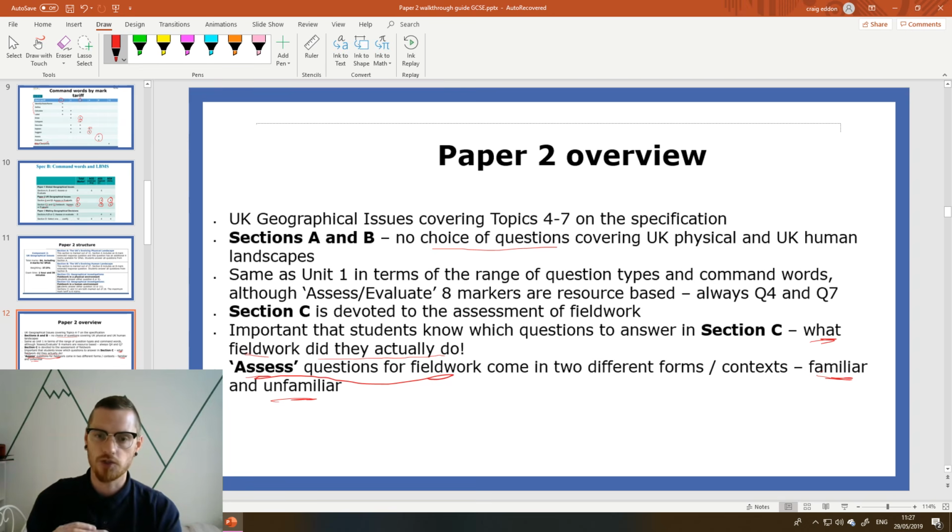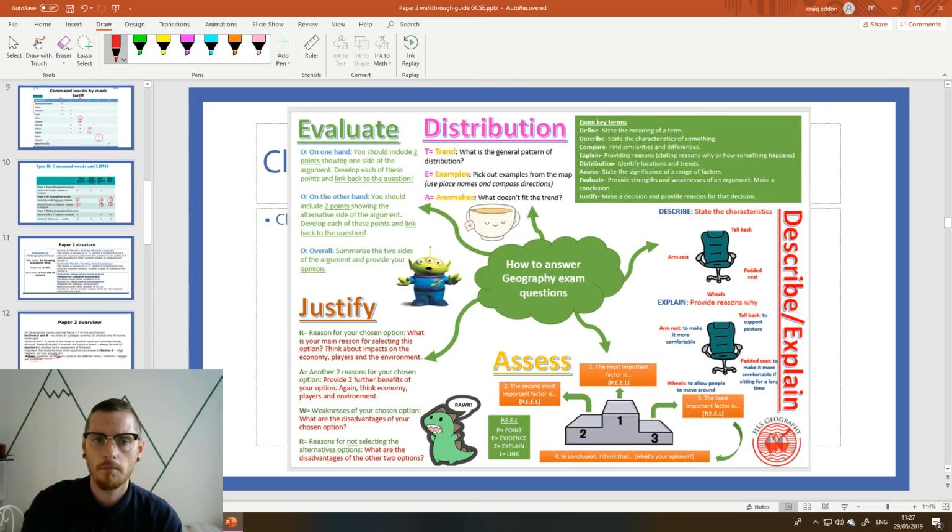Unfamiliar will be where they give you a scenario or an issue where it's basically them coming up with a scenario of how some other students have collected fieldwork, and then they're expecting you to use your knowledge of fieldwork to deconstruct, unpick the unfamiliar scenario and evaluate it. Now, I'm going to do more work on that in a little bit. Okay, that's pretty much it for my overview.